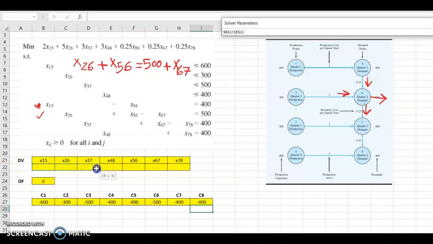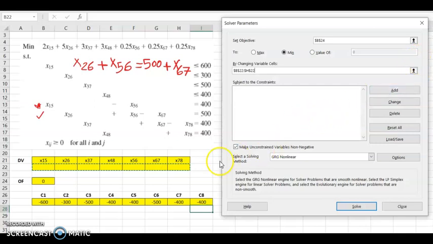The decision variables must be non-negative. Pay attention that we have two sets of constraints. One set is equal or smaller, as you can see with the first four constraints, and the remaining four are equal.